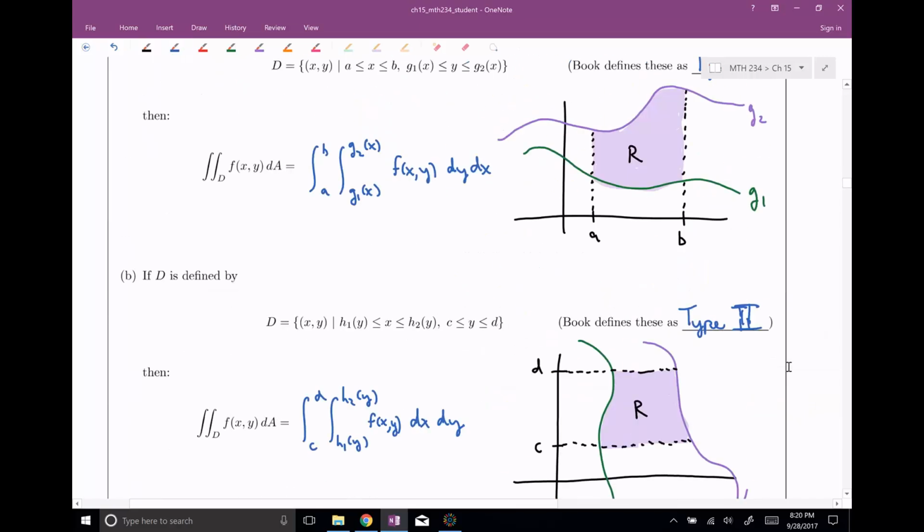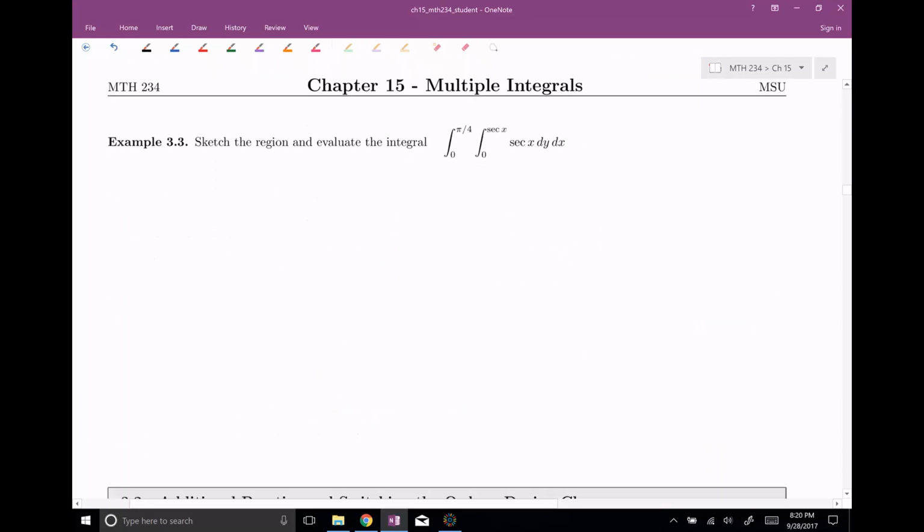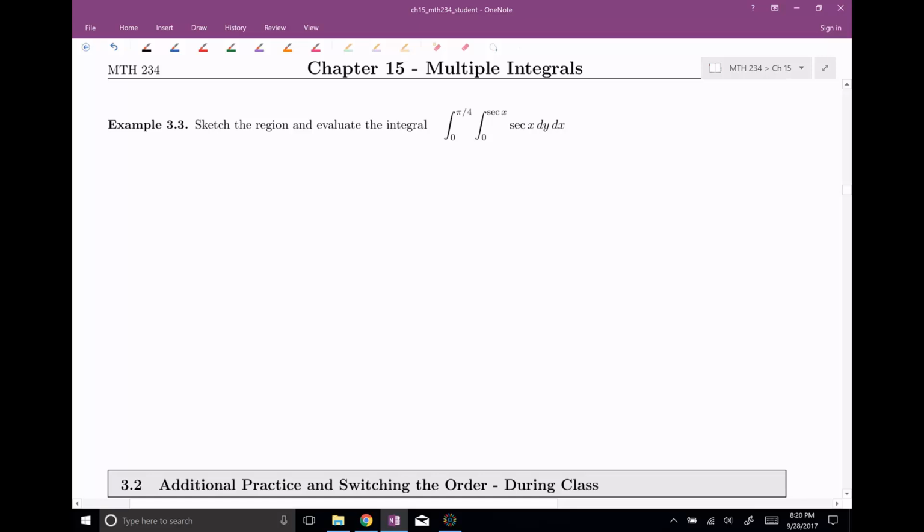All right, but before we go, I got one more example for us here on the next page. Sketch the region and evaluate the integral from 0 to pi over 4, 0 to secant of x, dy dx. So again, let's go ahead and sketch this region, and then we're going to evaluate the integral.